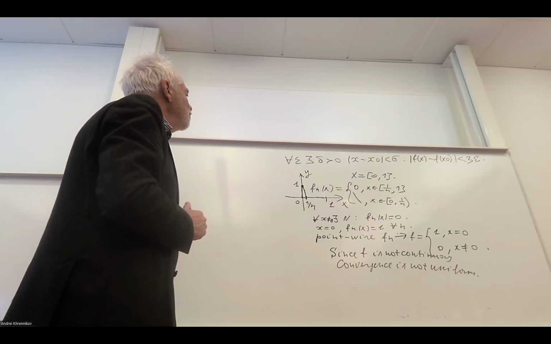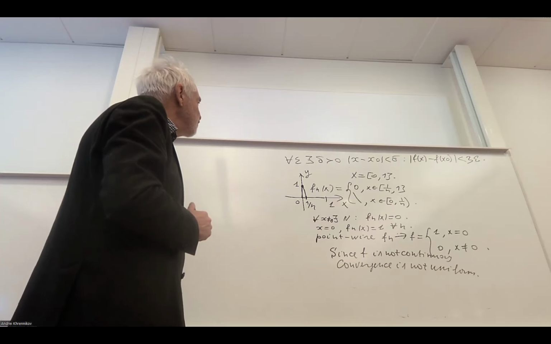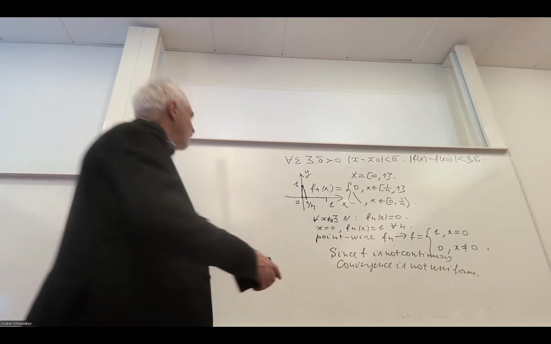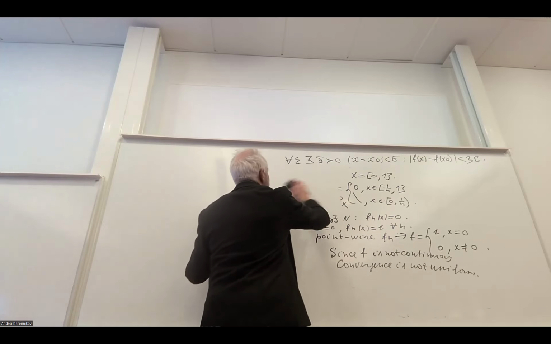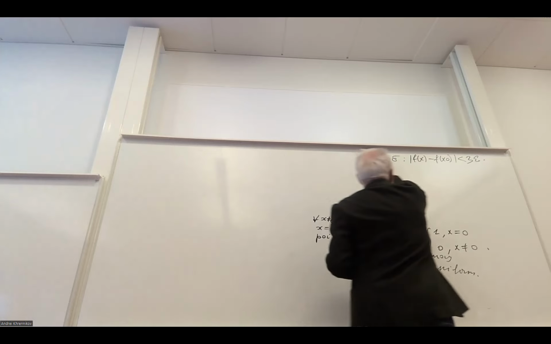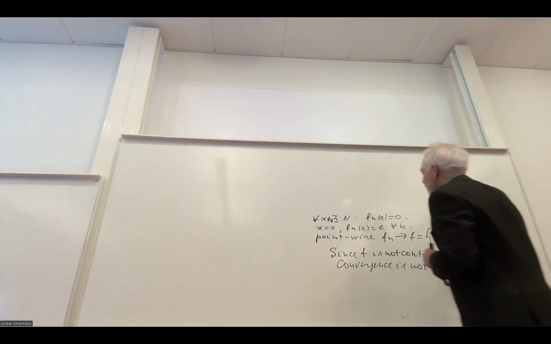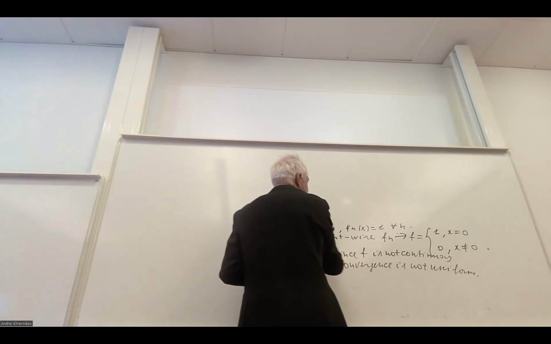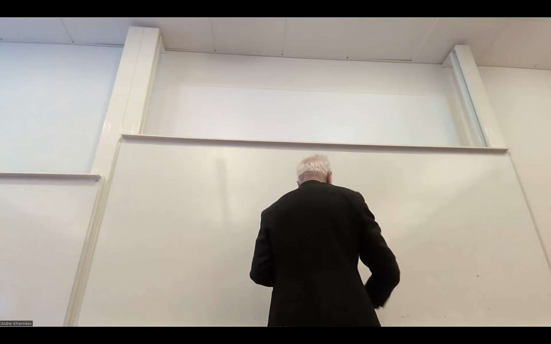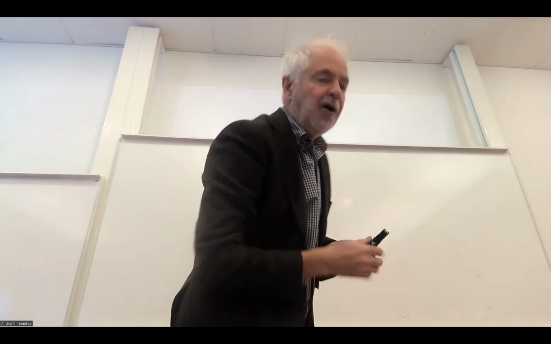And now we want to prove that from uniform we get L2. Our aim is to show that uniform is really the strongest. So from uniform, we get not only pointwise, which is trivial, but even L2 convergence.